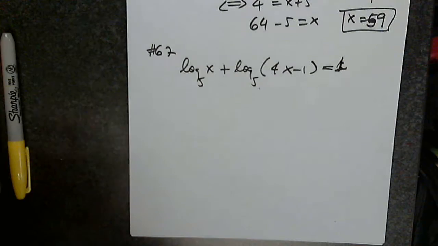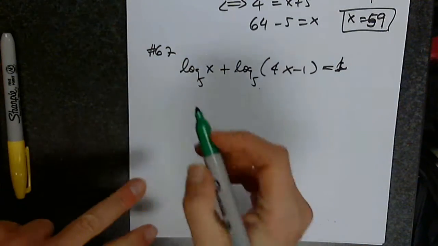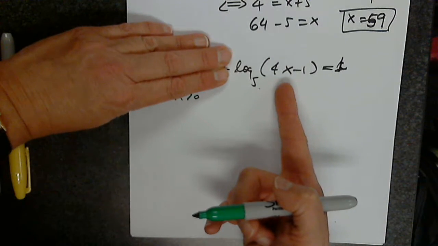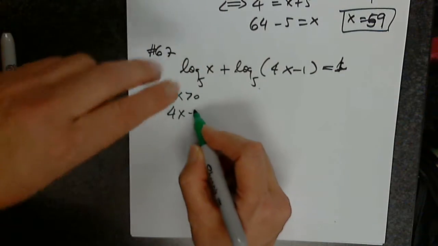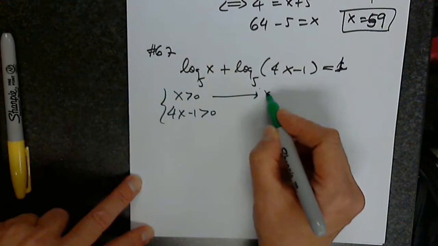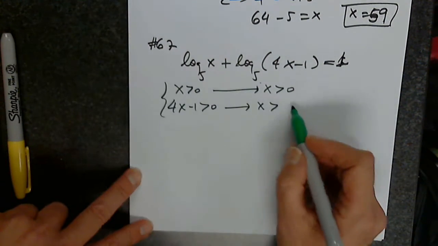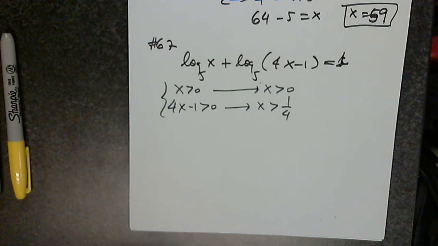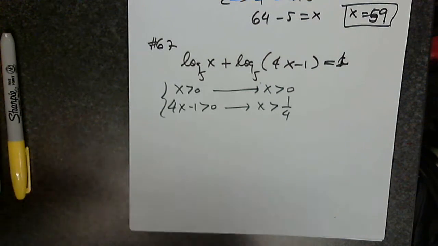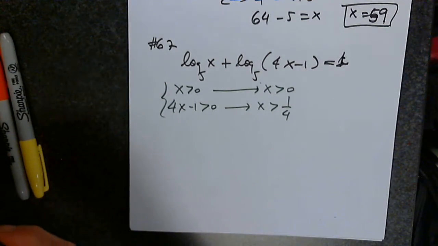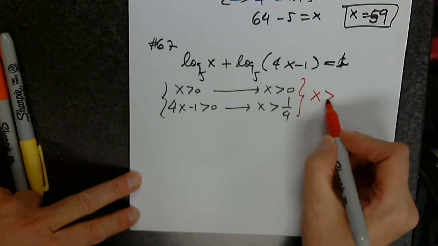What do I have to write for this one? Good. So x is greater than 0, and 4x minus 1 is greater than 0, so x is greater than 1/4. So now imagine 0 to infinity intersected with 1/4 to infinity. I need the intersection because I need both to exist at the same time.